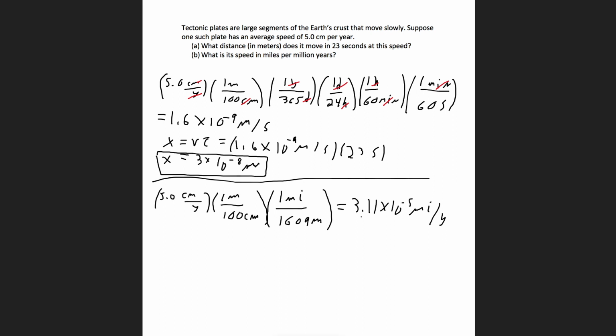Okay, good. So now we want to find what that speed is in miles per 1 million years. So we need to multiply that by 1 million years.